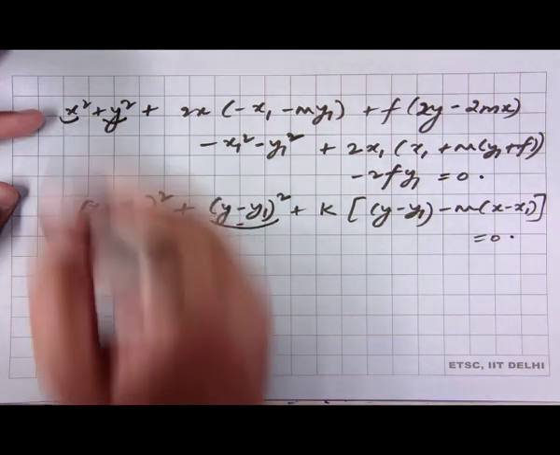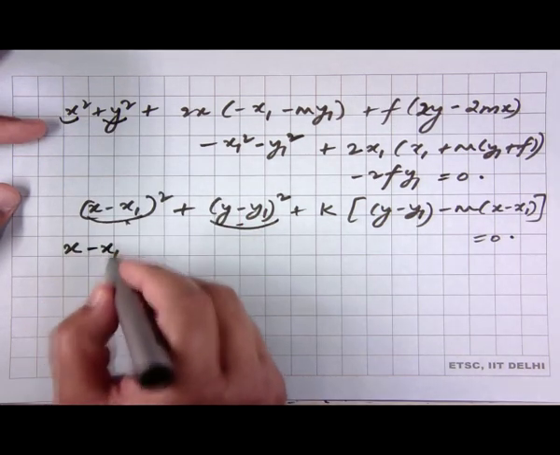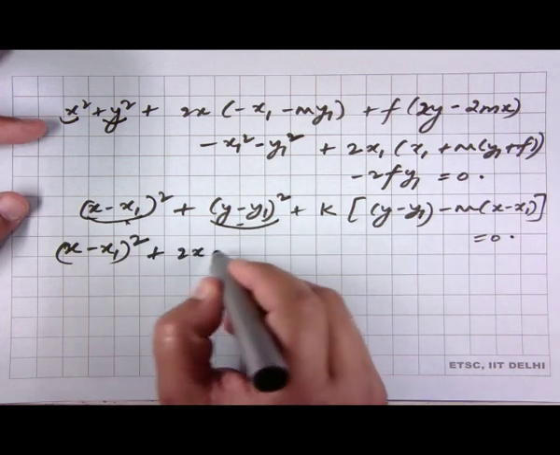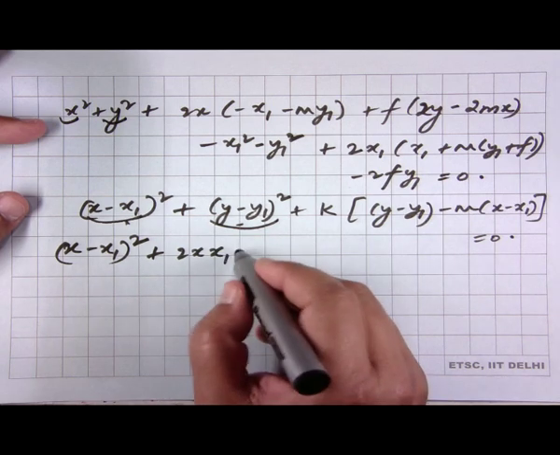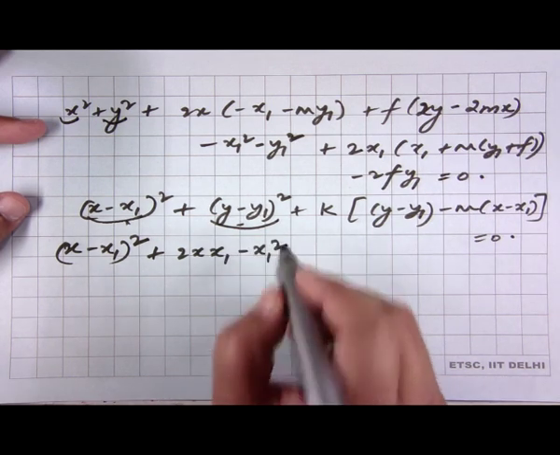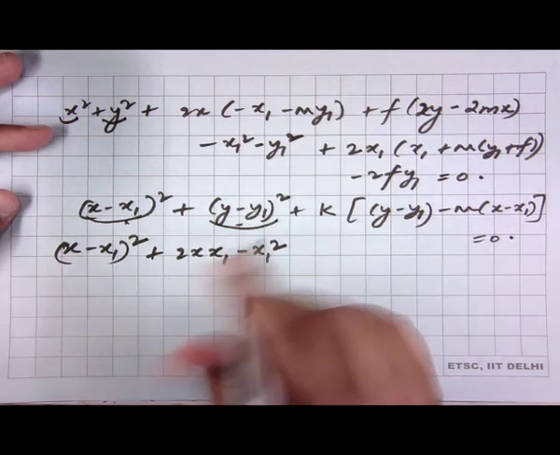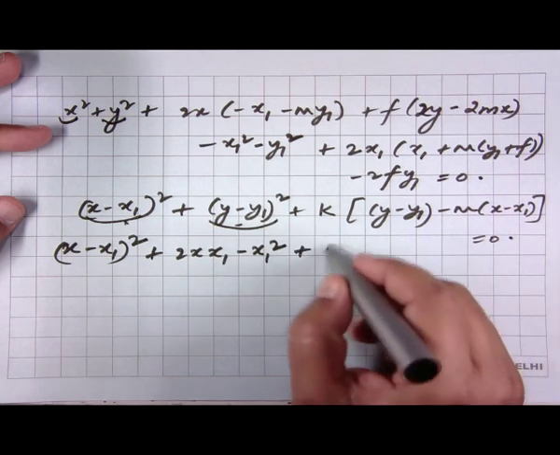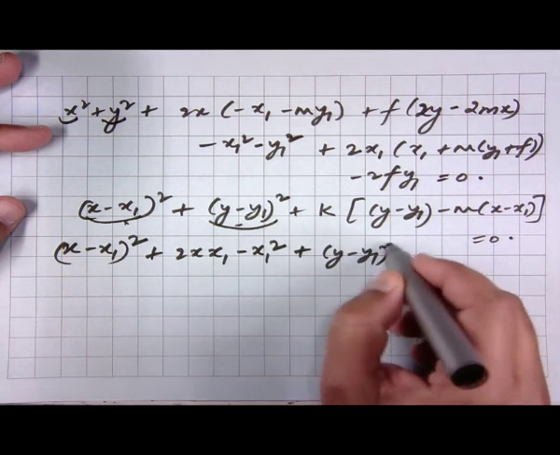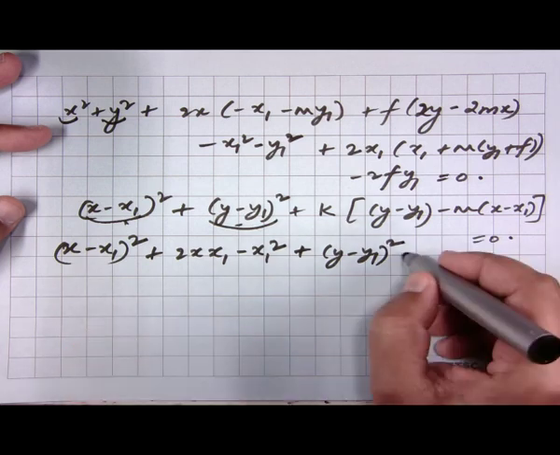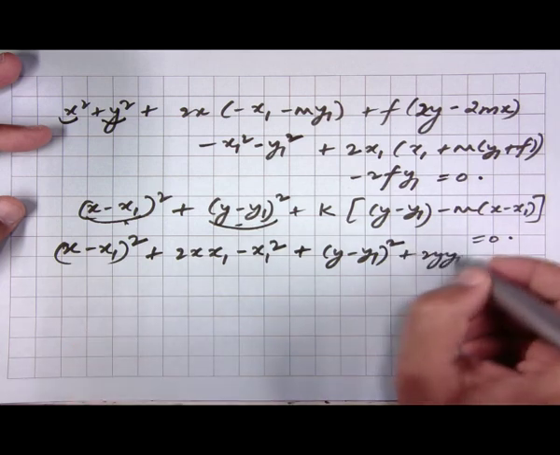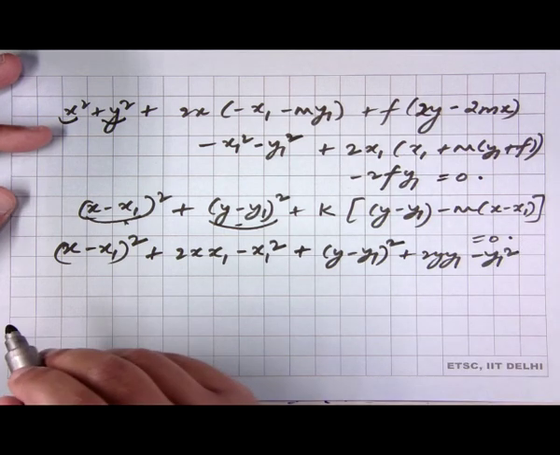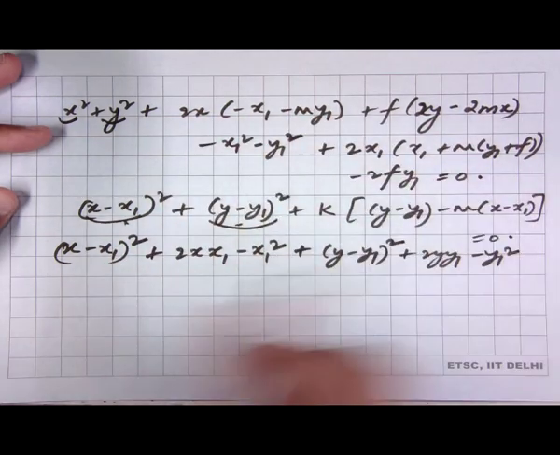So, we can write this x square as x minus x1 whole square plus 2x x1 minus x1 square, and we can write y square as y minus y1 whole square plus 2y y1 minus y1 square, and then we can write the remaining terms as it is.